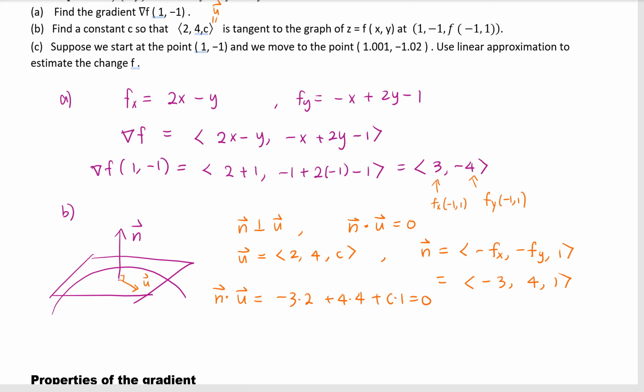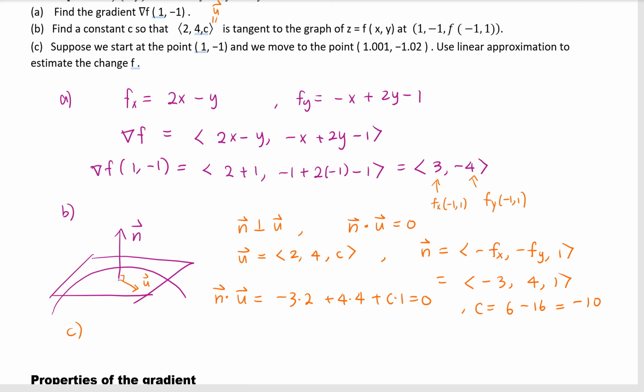That equals 0. So c equals 3 times 2 is 6, move to the other side, become positive. 4 times 4 is 16, but move to the other side, become negative. So c equals -10.